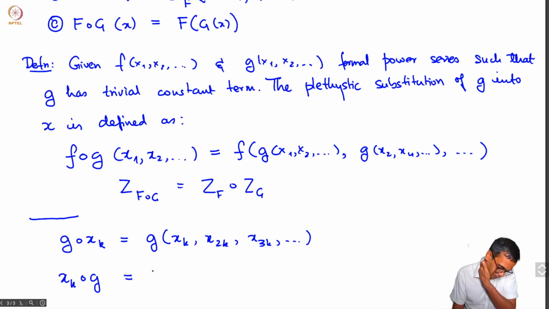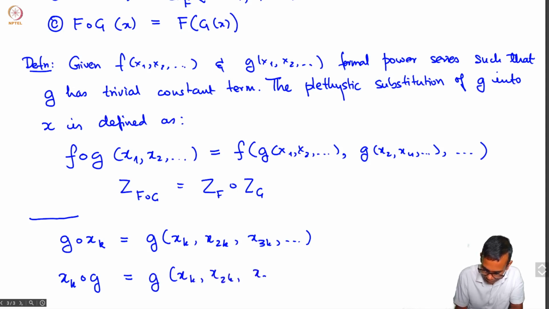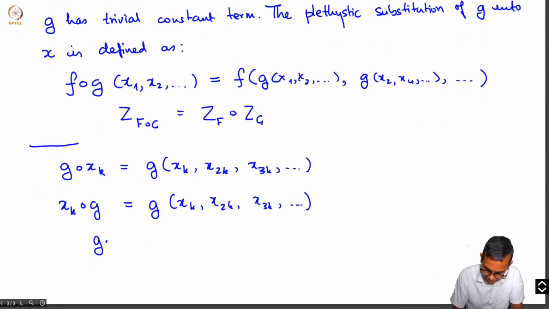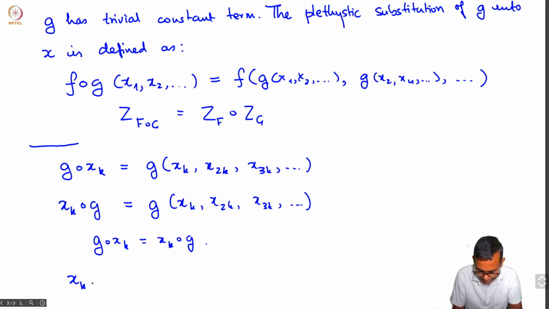Well, here again there's only one variable, and in place of that variable you have to substitute g, xk, x2k, x3k. So what we have is that g circle xk is equal to xk circle g. And another special case of this is that xk circle xl is x of k times l, which is the same as xl circle xk.